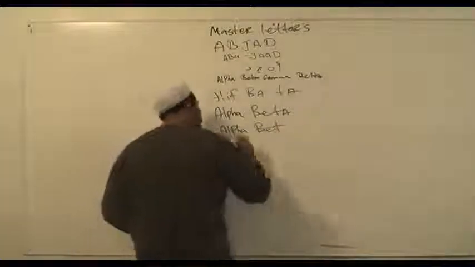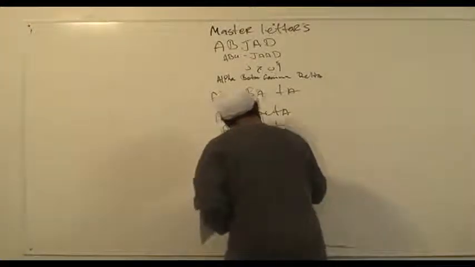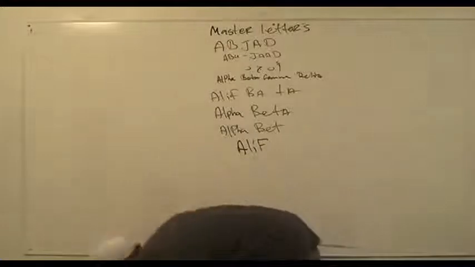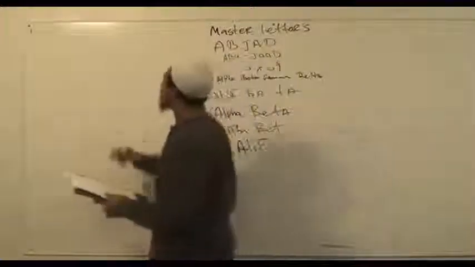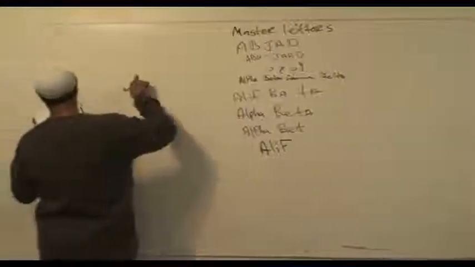Then we said, we're going to deal with just the word alif. Right? There's a few things we're doing here. With each letter, we're learning a few points. What are the points we're learning? We'll put those points over here.